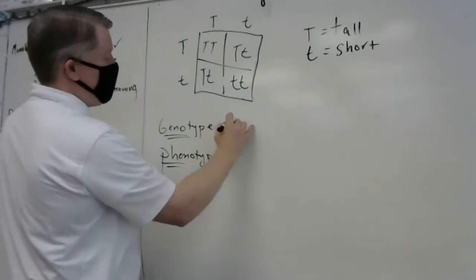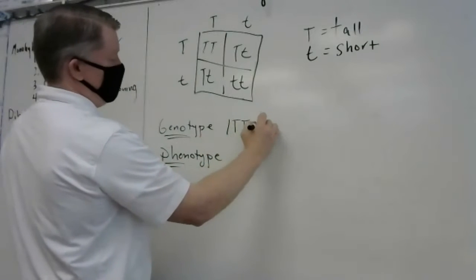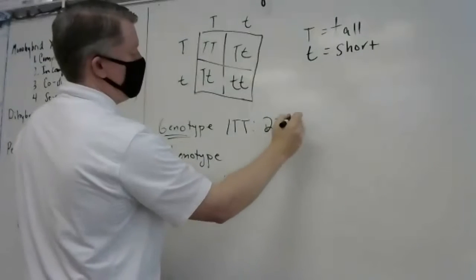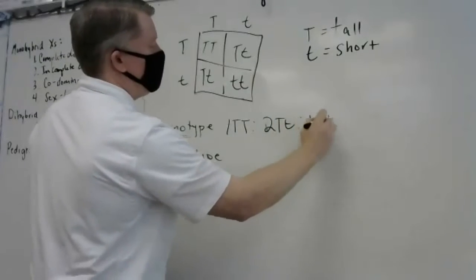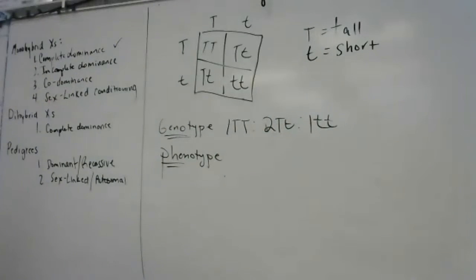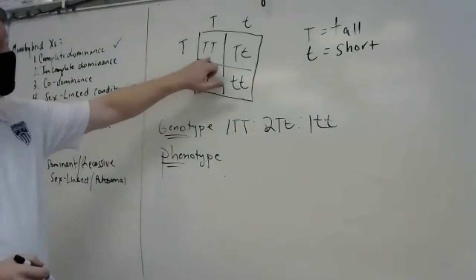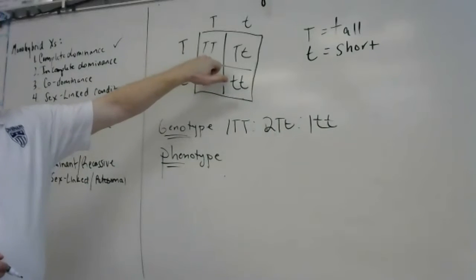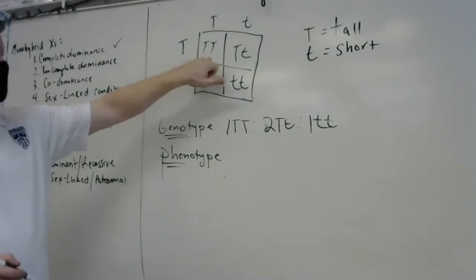The genotype ratio has not changed at all. What about phenotypic? Well, let's do this. What would that expression be? Of that combination, what would the expression be? Tall or short? Tall.